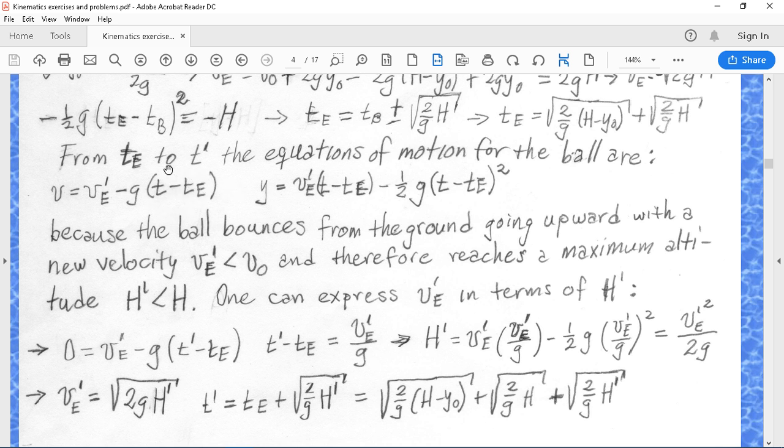Now here our reference of time changes from 0 to te, which is the time at which the ball hits the ground, and ve prime is the initial speed when the ball bounces back from the ground.